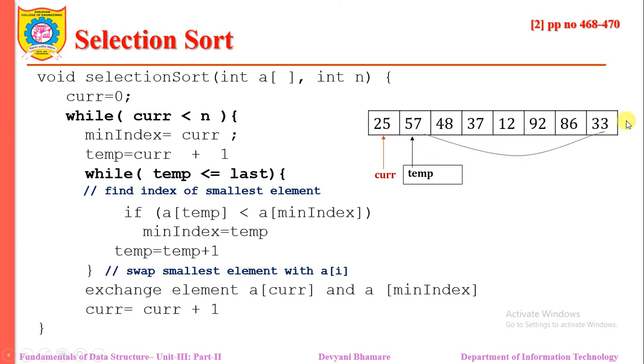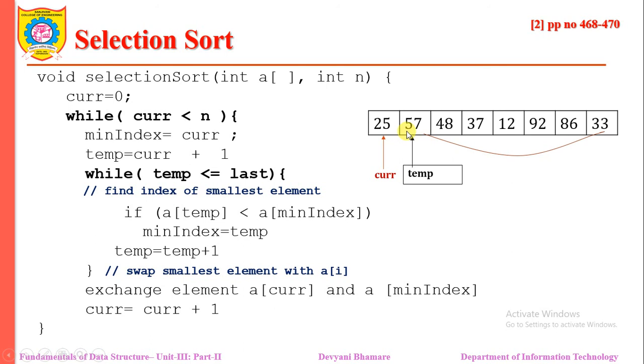So among this unsorted list, the minimum index is identified by comparing that 57 itself is the minimum, and then we are comparing which one is the minimum. Accordingly, we get 33, and 12 is the minimum element. Then this 12 is pointed to by the 10. So we can say that minimum index is equal to this 10.